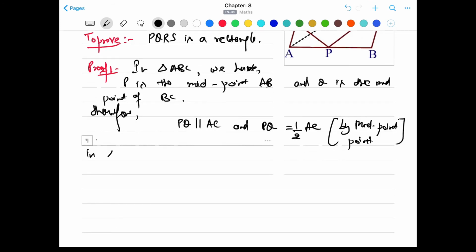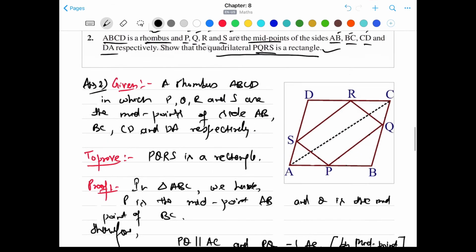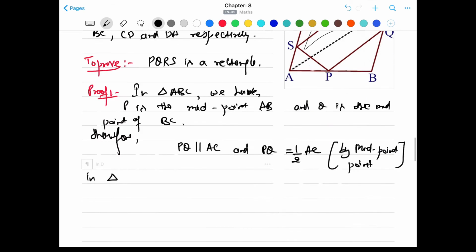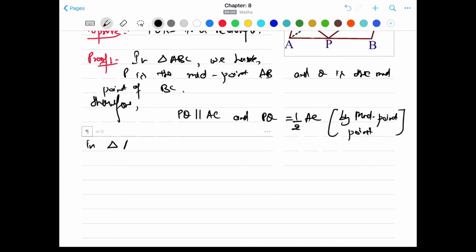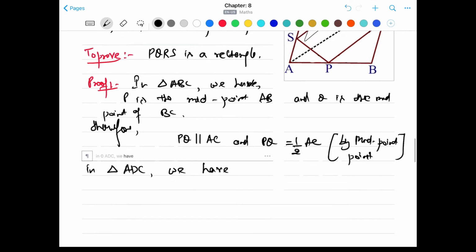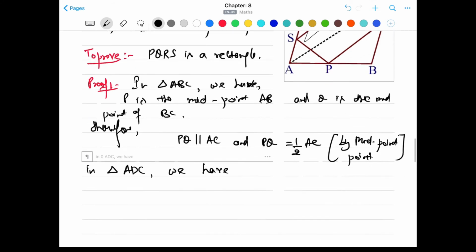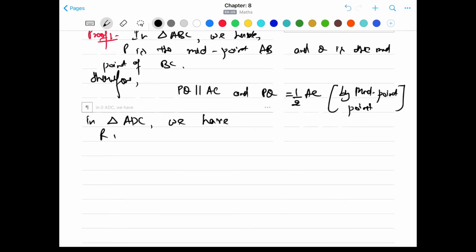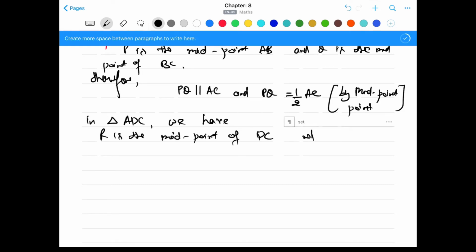Next, we'll take the other triangle, which is triangle ADC. In triangle ADC we have that R is the midpoint of DC and S is the midpoint of DA.